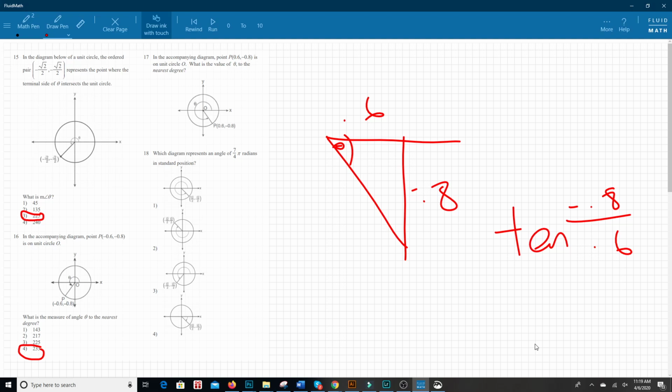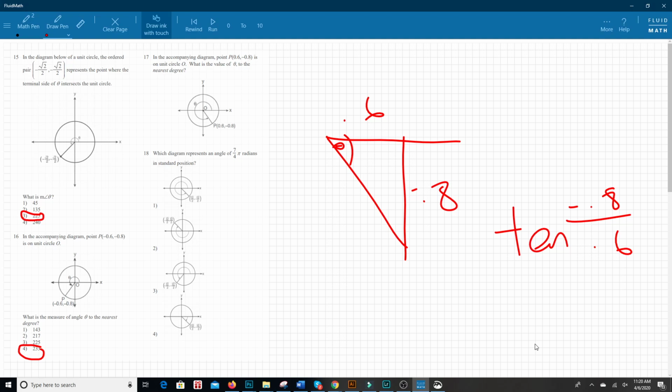Let me do that division first. It's going to be tangent. I'm doing this on my calculator, on my phone. Negative 0.8 divided by 0.6. Sorry. Let me switch to degrees.